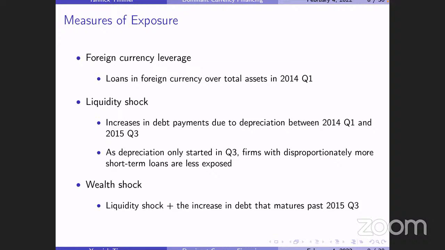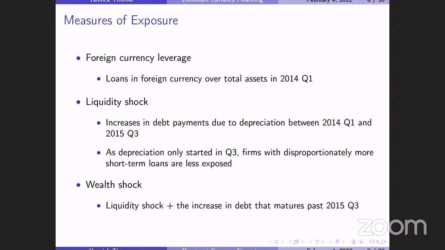One worry one may have with that is that firms that borrow very short term are the ones that are more exposed and are also different in terms of other characteristics and therefore respond differently. So we start in 2014 Q1 to rule that out to some extent, because the depreciation only started in 2014 Q3.